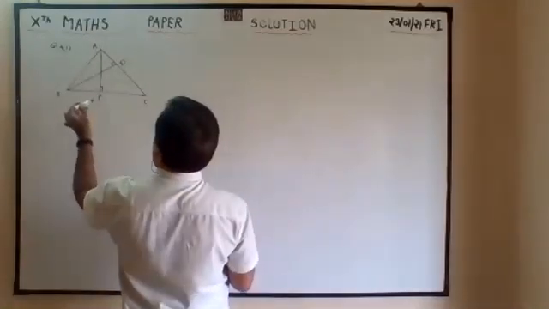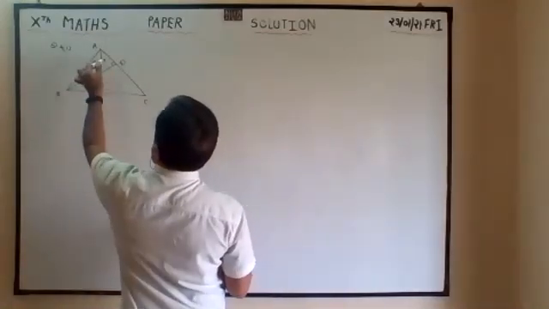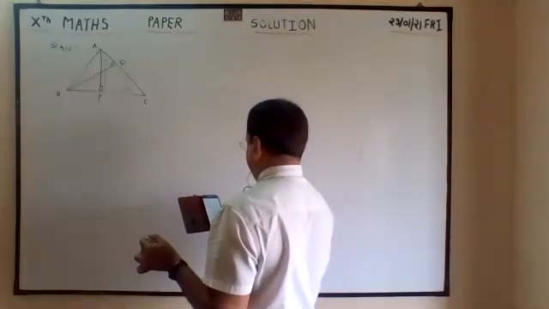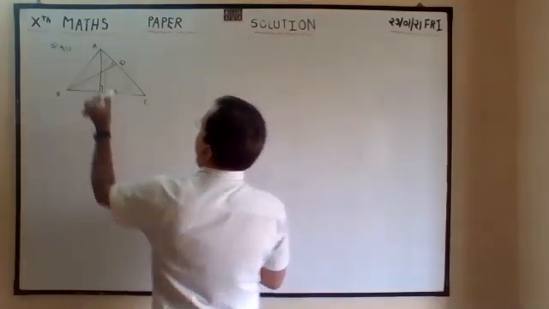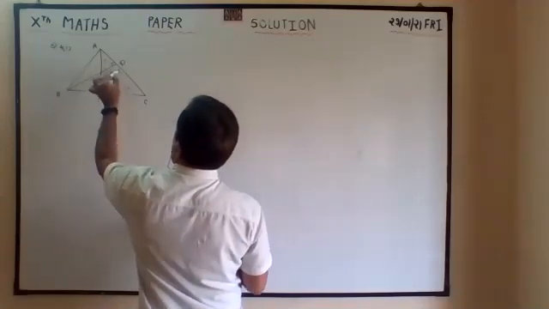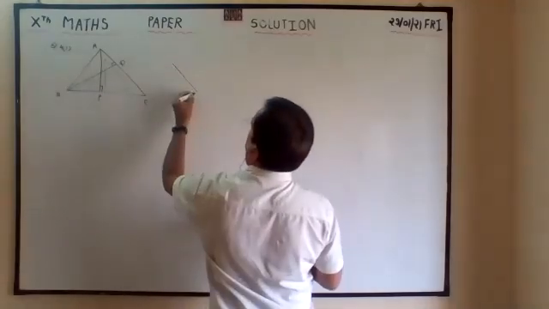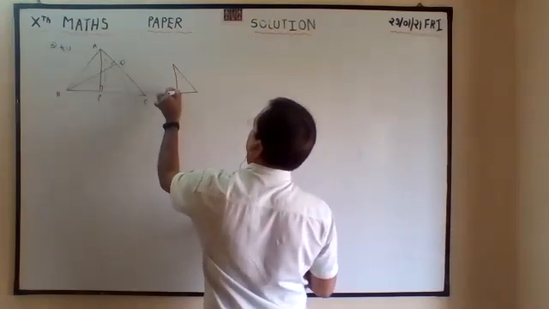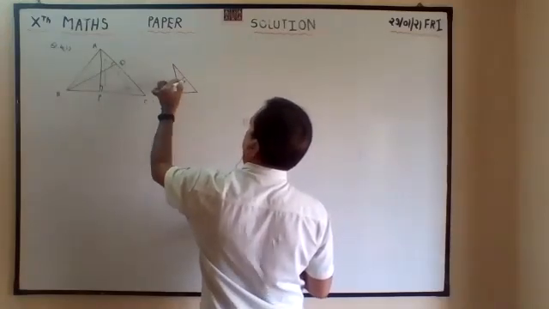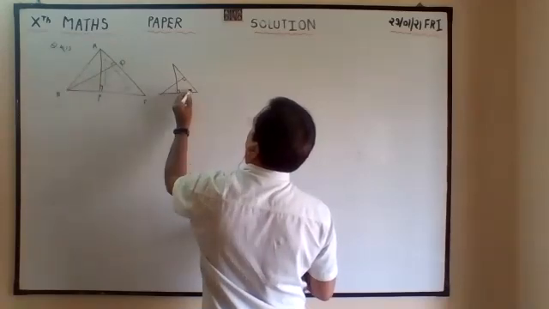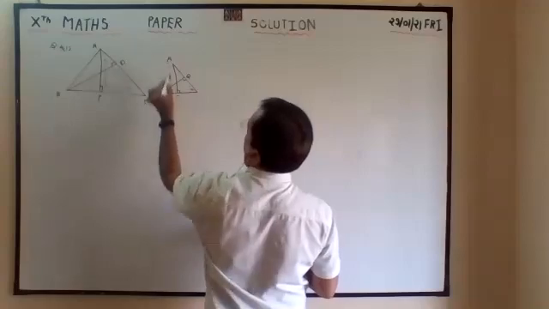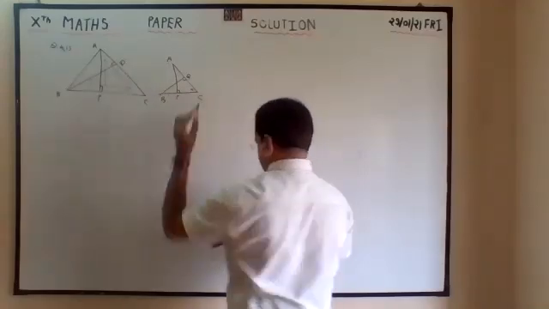Triangle CPA and triangle CQB, we have to show. Here it is 90, here it is 90, and here it is X. P, Q, A, B, C.